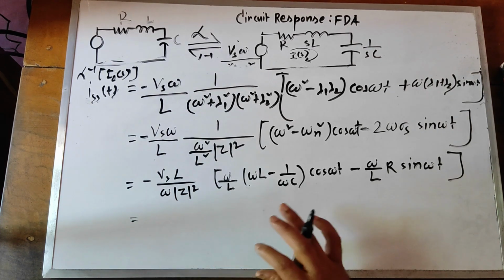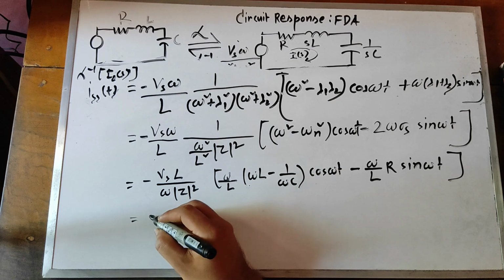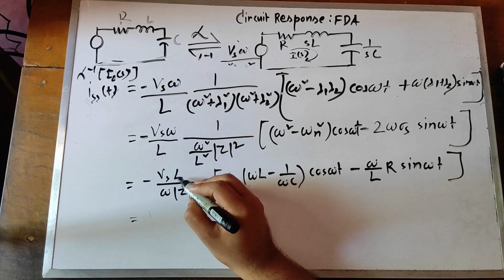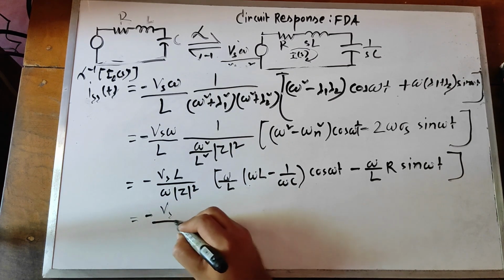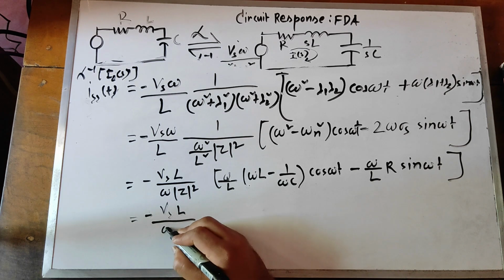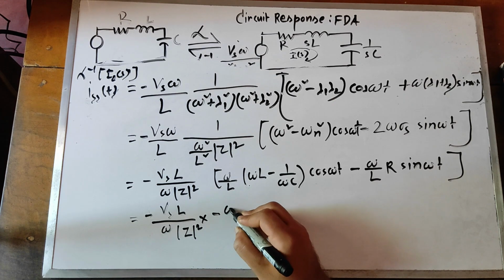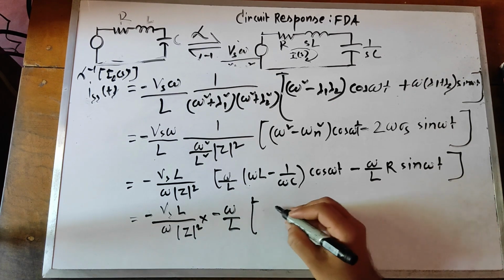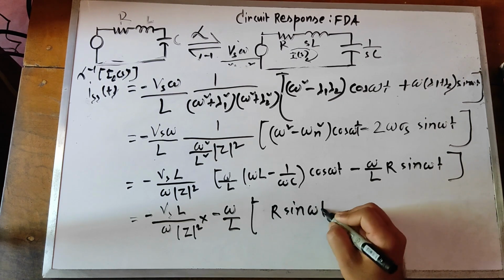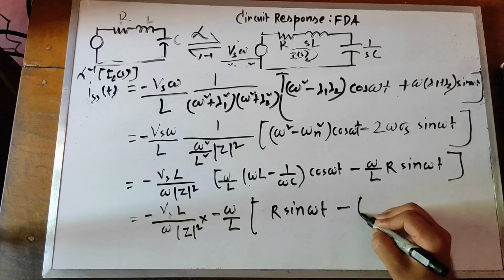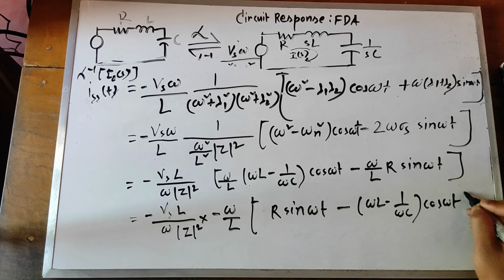And now what I'm going to do is take minus omega by L out common. Let me first take the minus common out, so Vs L by omega Z squared cross minus omega by L, and this will become R sin omega t minus omega L minus 1 by omega C cos omega t.